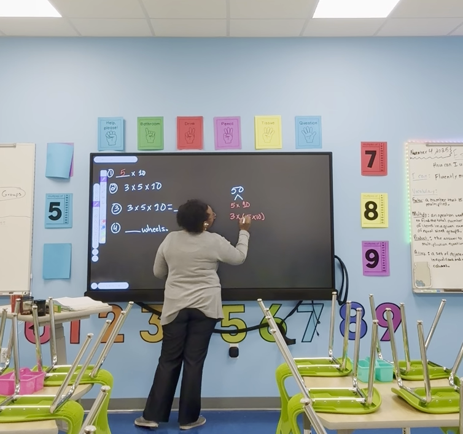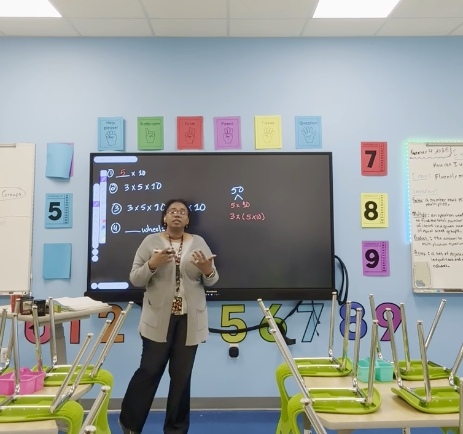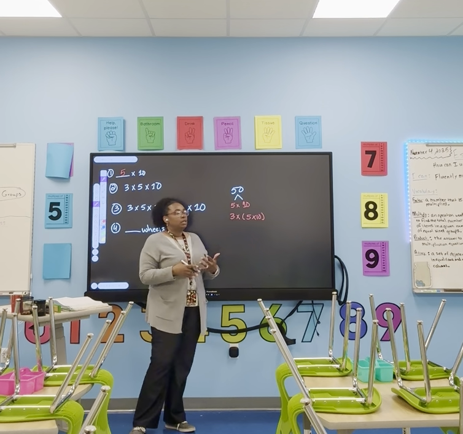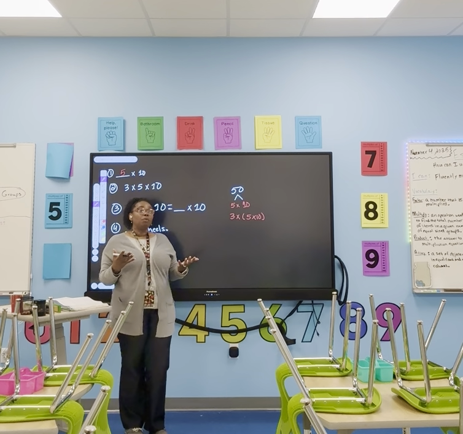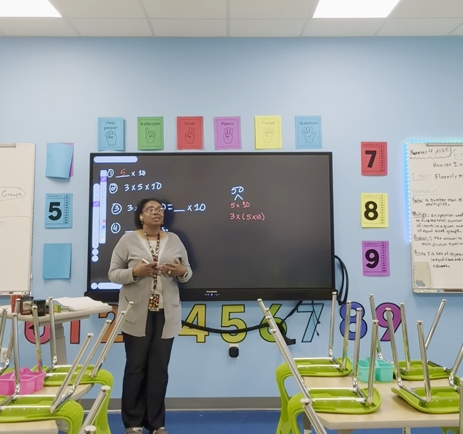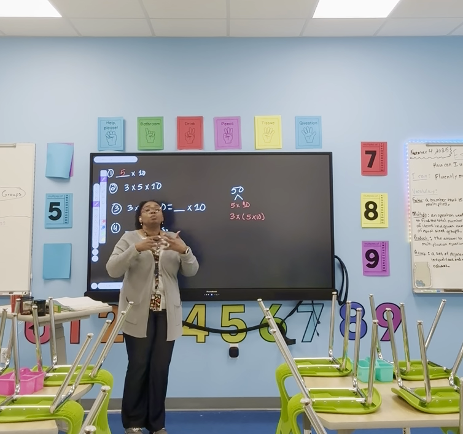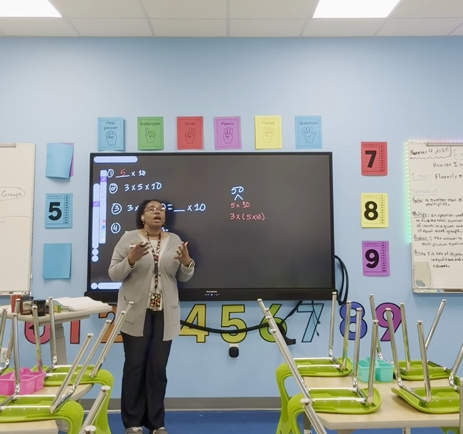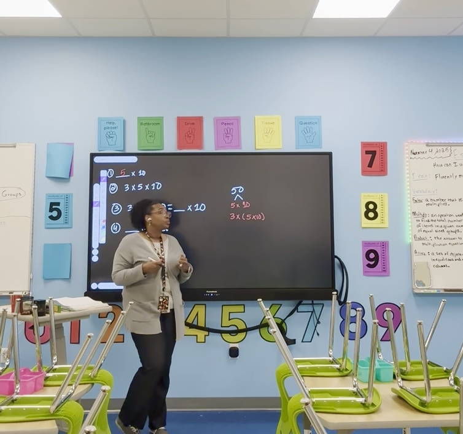Now, the reason why they want us to find a different way to group the factors is because if I multiply what's in parentheses, it's going to give me 50. And that's what I started out with. So I don't want the same number again. I want a new number. I'm trying to break apart the 50. I don't want to get it back again. So that's why we changed the parentheses to another set of numbers so that I can get a new number.